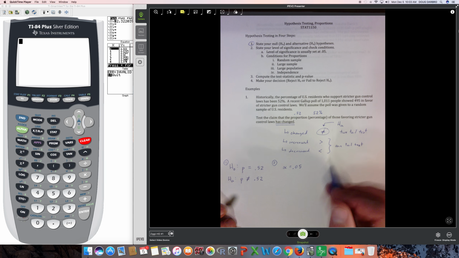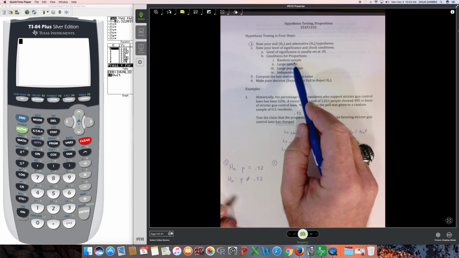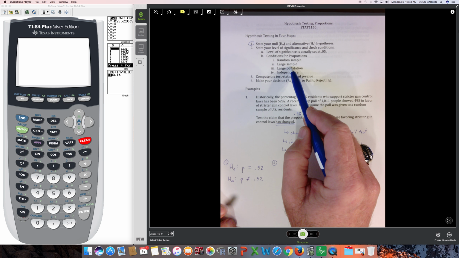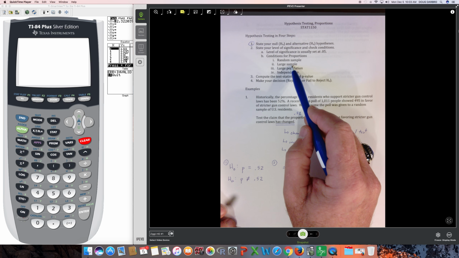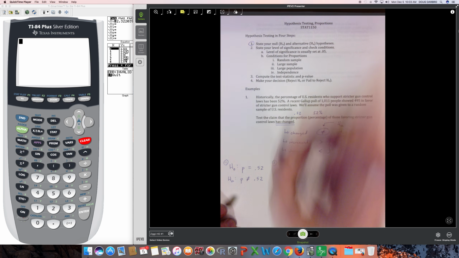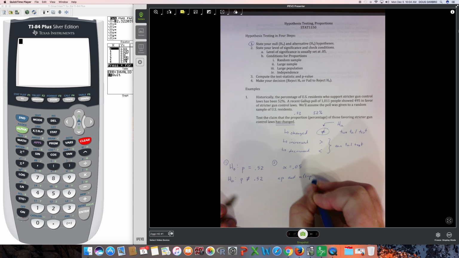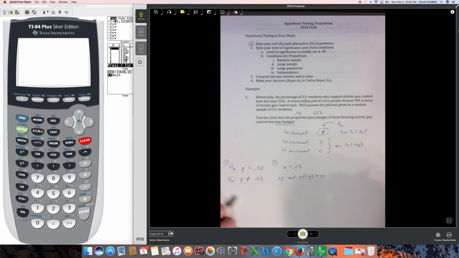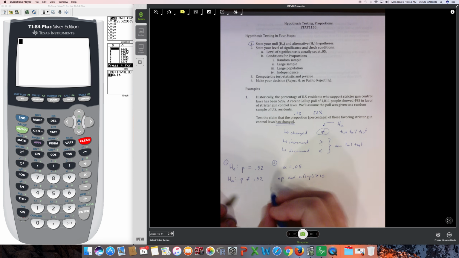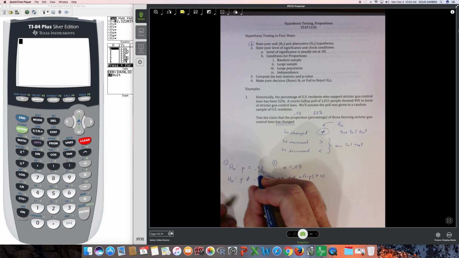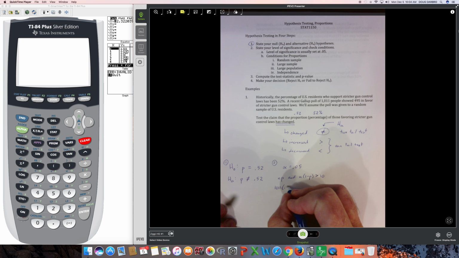All right, the next thing in number 2 is make sure that we have a random sample, which we do. Do we have a large sample? All I mean by this is n times p and n times 1 minus p greater than or equal to 10. Well, our n in this case is 1,011. Our p is our hypothesized value.